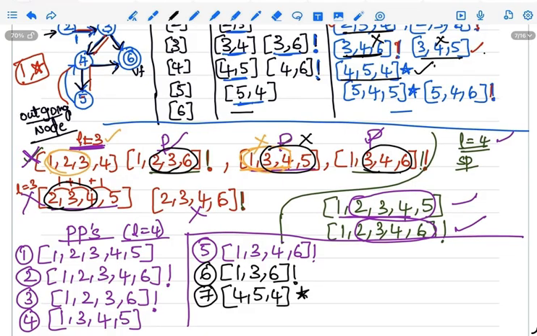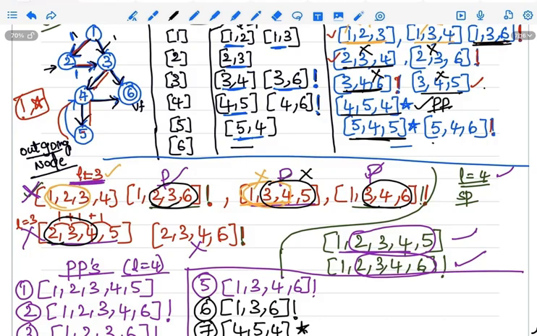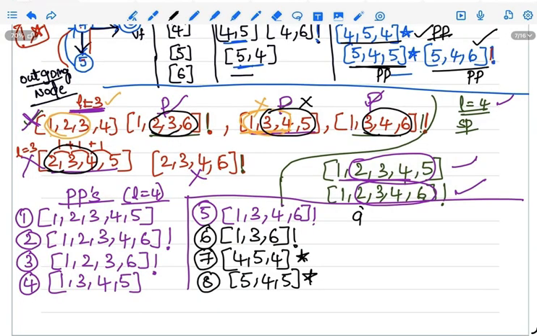This is also a loop, 5, 4, 5, and it is also a prime path, not covered anywhere. Next 5, 4, 6 is also a prime path, not covered anywhere.